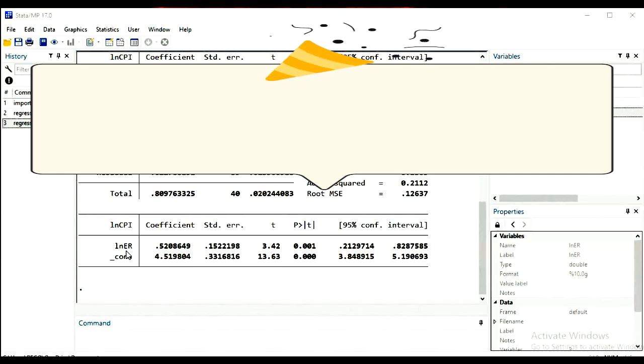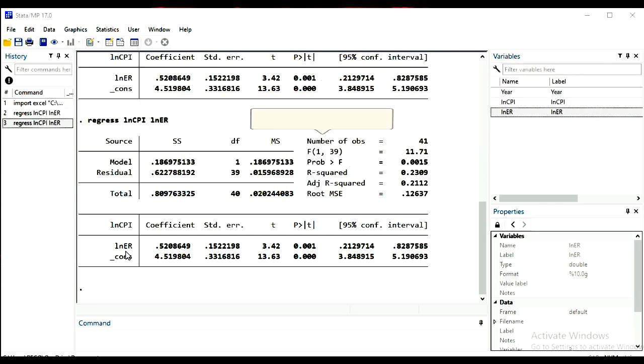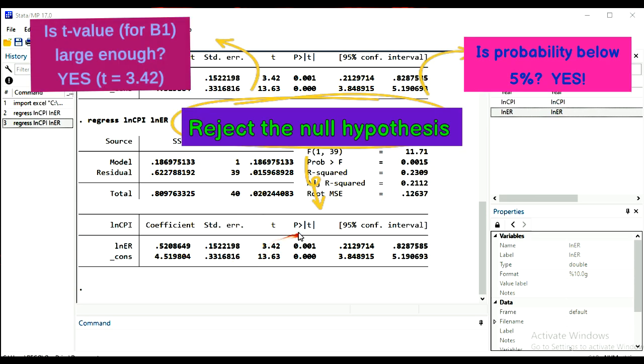Therefore, we can conclude that the exchange rate has a statistically significant positive effect on inflation. Because the t-value is very large and the probability value is less than 5%, we can reject the null hypothesis stating that beta 1 is 0. And the evidence from our data indicates beta 1 is actually different from 0.